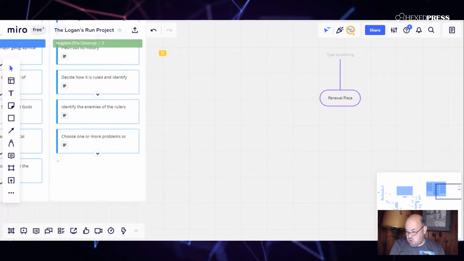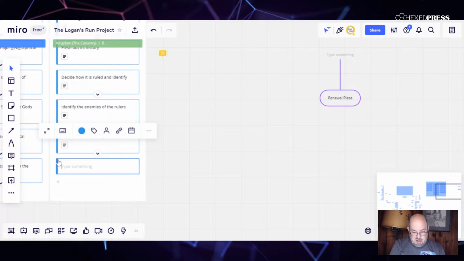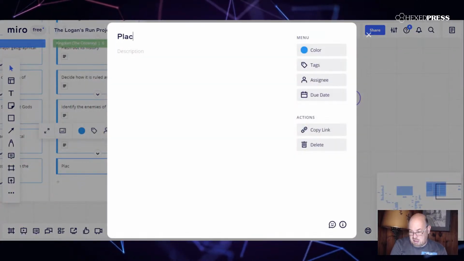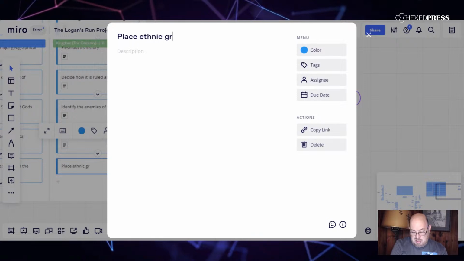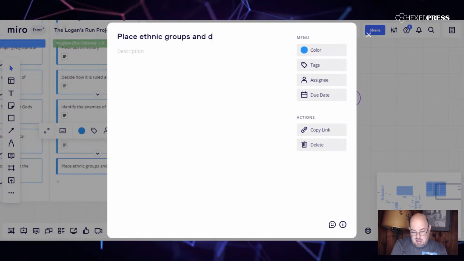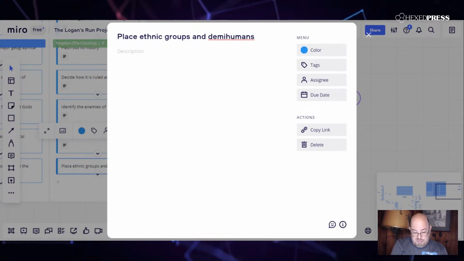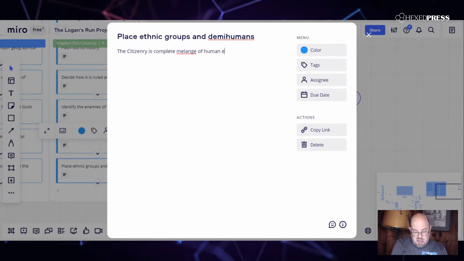Okay, place ethnic groups and demi-humans. Let's just go to that one. We don't really have any at the moment. I think we're going to start off by saying that the citizenry is a complete melange of human ethnicities, just a big mix.